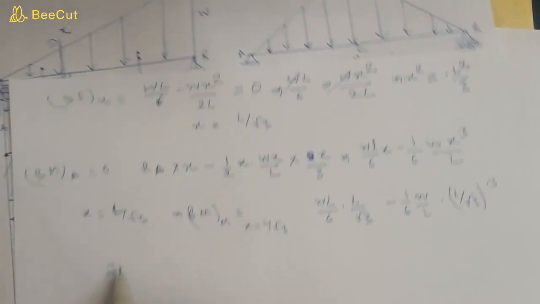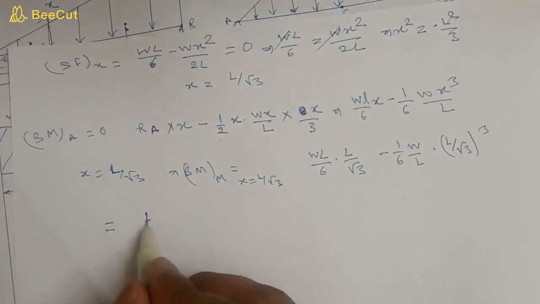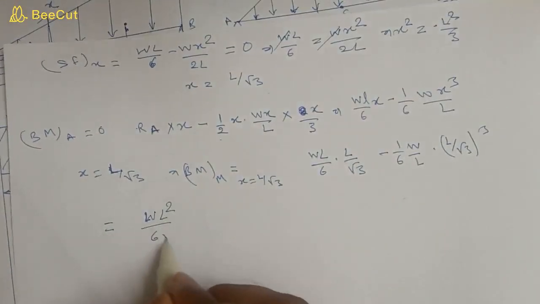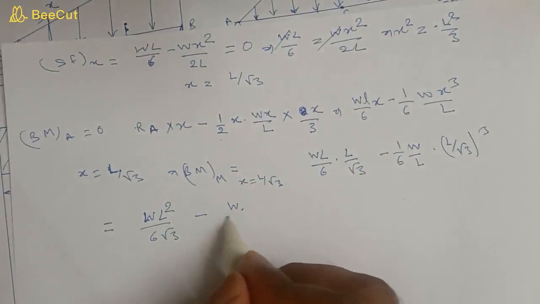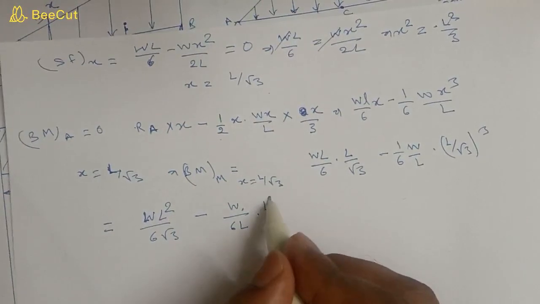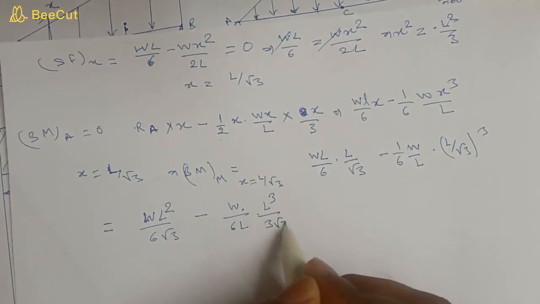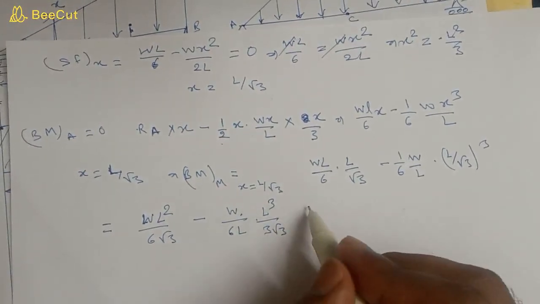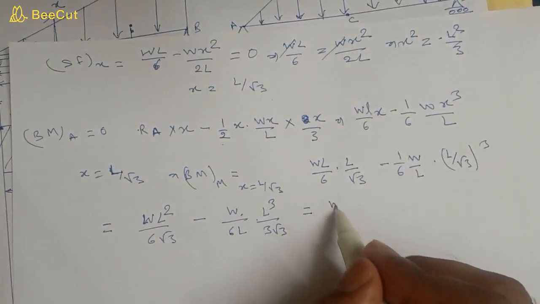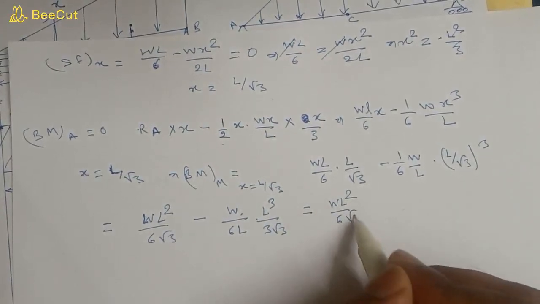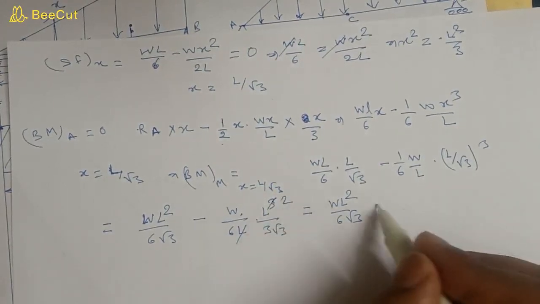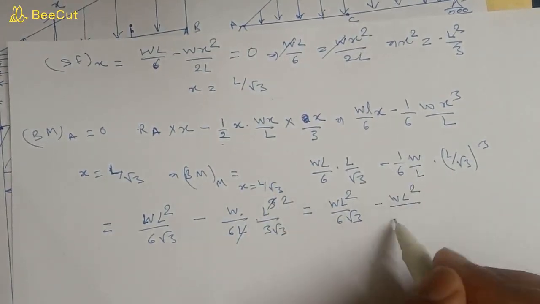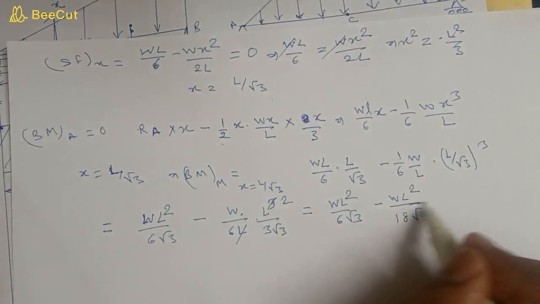So we will get WL square by 6 root 3 minus W by 6L into L cube by 3 root 3. So it will become WL square by 6 root 3 minus WL square by 18 root 3.